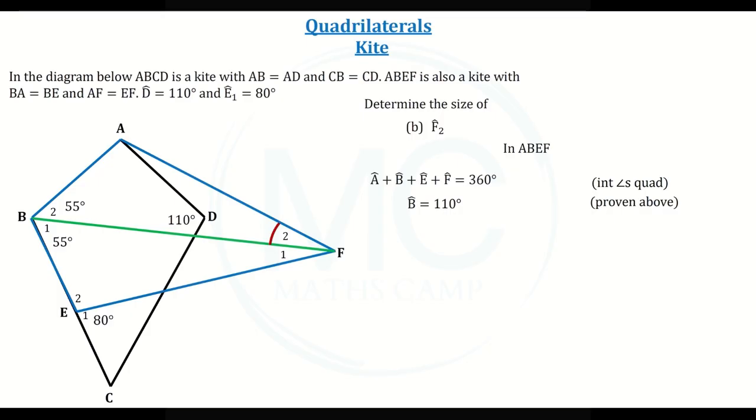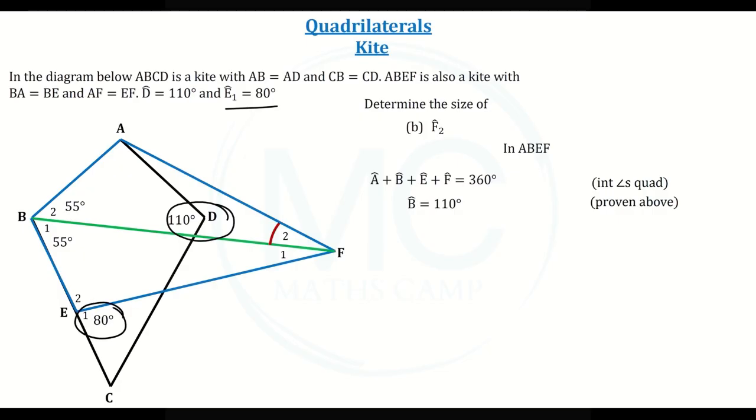Remember that a question will never give you information just for the sake of it. Everything the question gives us is important and can help us to find the answers we are looking for. We know that angle D is 110 degrees, and this helped us to solve part A. But the question also tells us that angle E1 is 80 degrees, and we can see it over here.